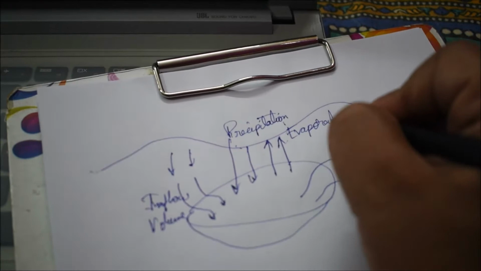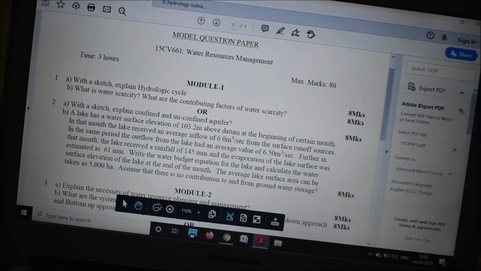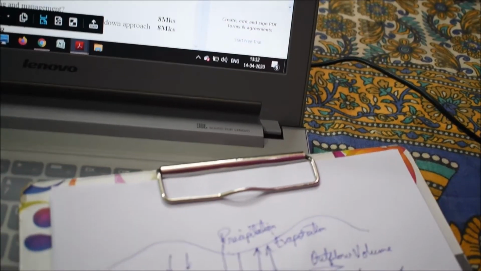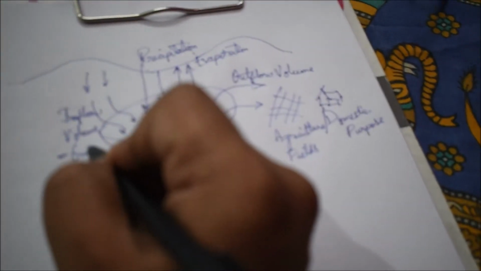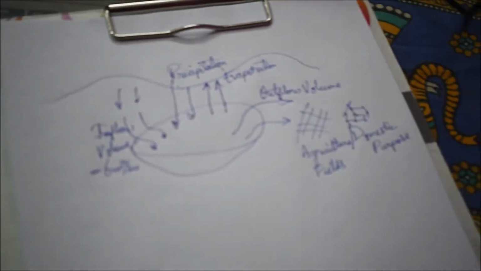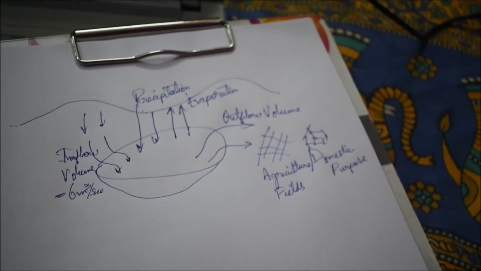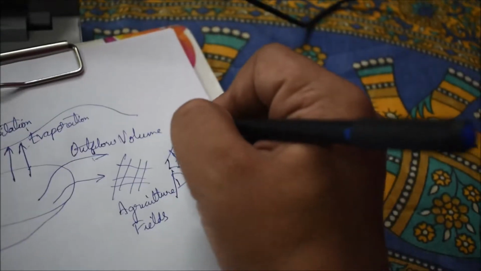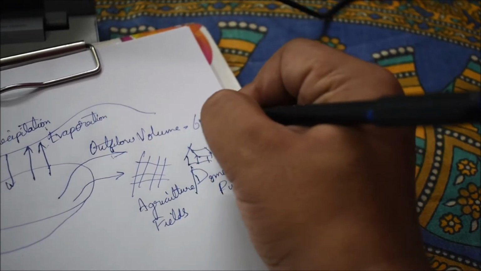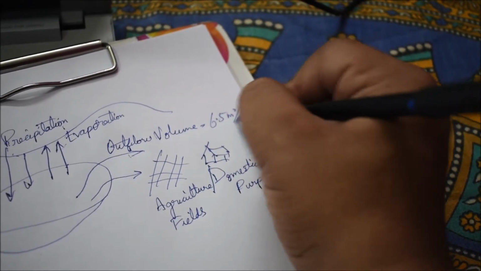So let us just put down the data that is available from this problem. The inflow volume is 6 meter cube per second, whereas outflow volume is given as 6.5 meter cube per second.